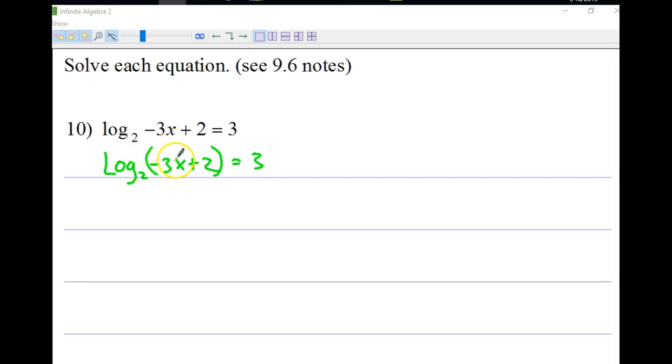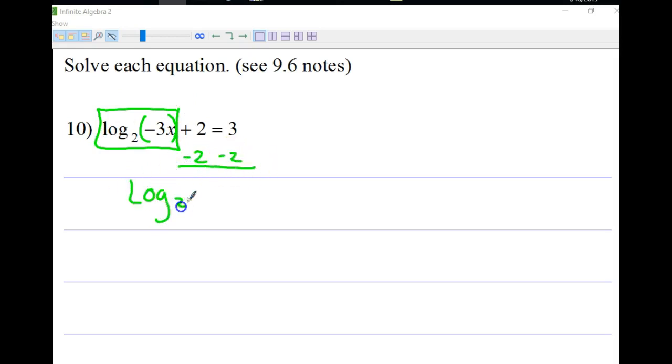In this case, if they have parentheses, that means the 2 is part of the inside of the log there. If they don't have parentheses, like in this case, that means only the negative 3x is the inside. The 2 is actually an outside number. So what we want to do is get the log by itself and get rid of the outside numbers first.